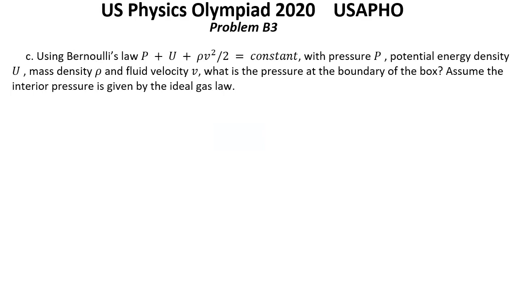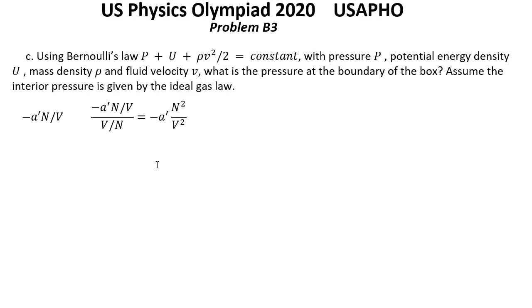Solution for question C. The potential energy difference for one atom was negative A prime multiplied by n over V. It means that the potential energy density difference is this one, which is negative A prime multiplied by n squared over V squared. Since there is no velocity difference, this is also the pressure difference.